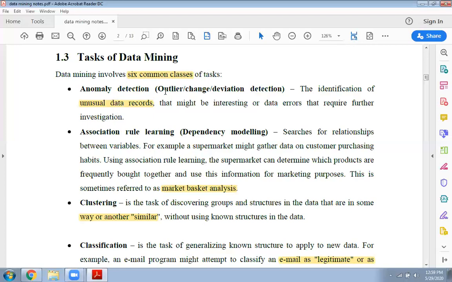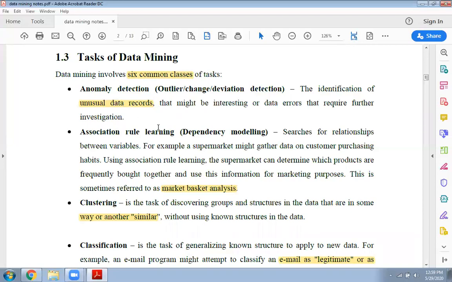Such anomalies are normally known as outliers, change or deviation detection. Main thing, they are known as outliers. Data which is unusual and different from the rest of the data present is normally known as an outlier. This is a type of anomaly and we need to detect it and remove it while building a model for any kind of prediction studies.